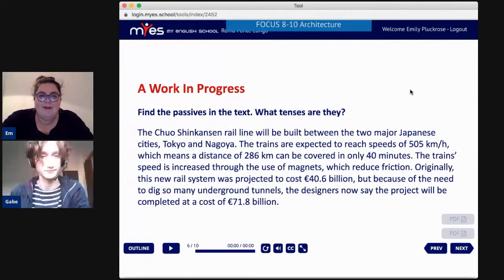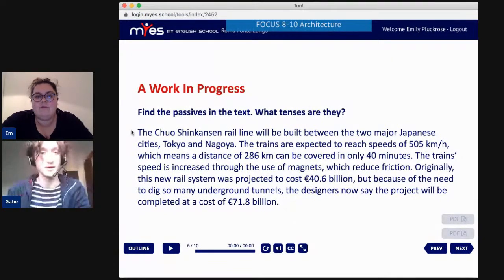So as before, we look at the first sentence, what is the passive and what is the tense?